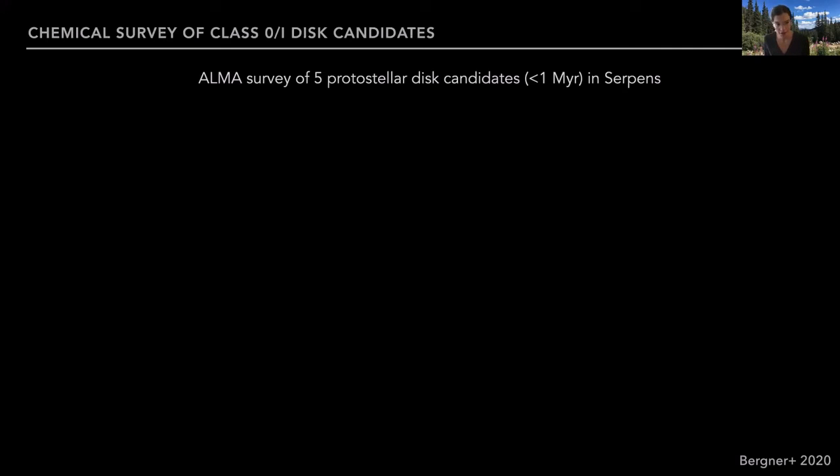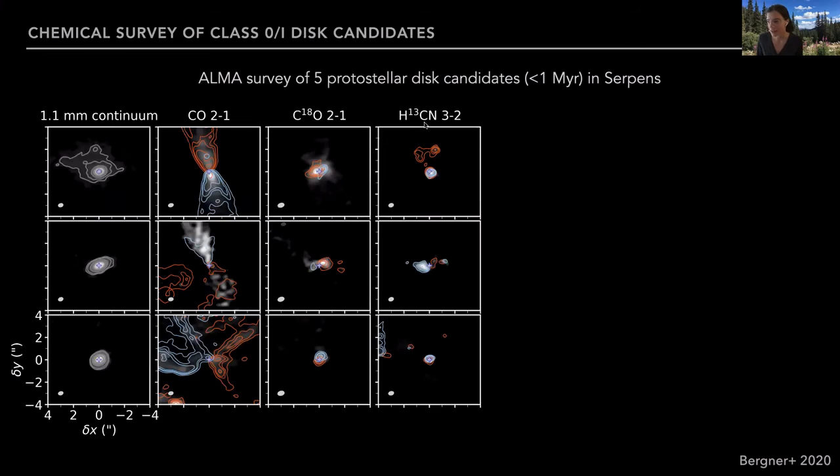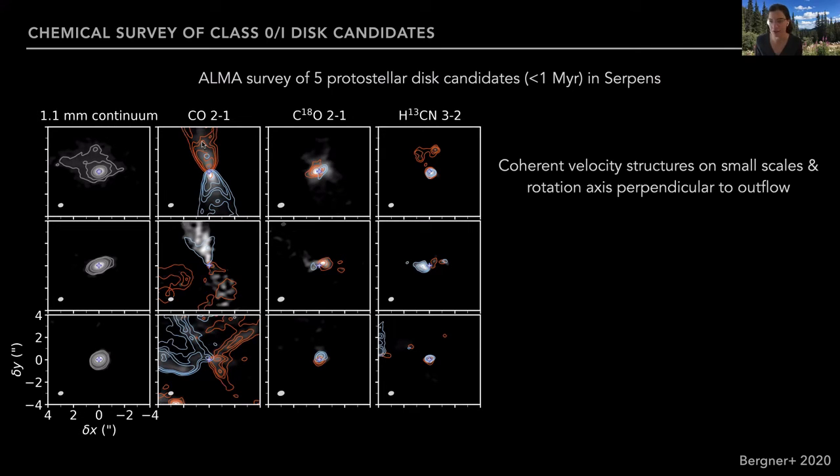So we set out to address this by surveying chemistry in 5 protostellar disk candidates. These are all embedded objects less than 1 million years old. And here's just the gallery of a few of the lines that we observed for 3 of the sources. And you can see that we have in some of them tracers like C18O and H13CN, this very compact rotating emission on small scales in the protostellar core that's perpendicular to the outflow structure.